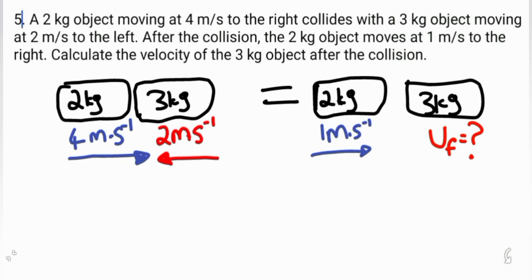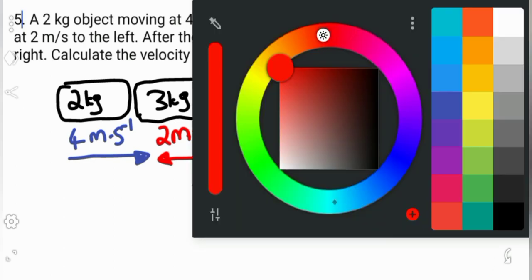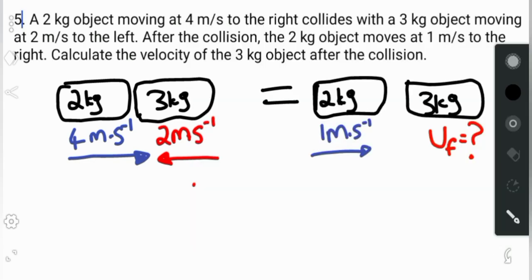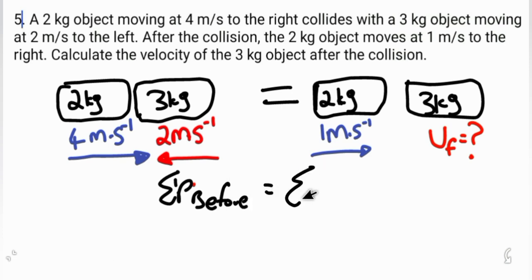Calculate the velocity of the 3 kg object after the collision. Now, remember, the sum of momentum before collision will be equal to the sum of momentum after collision.